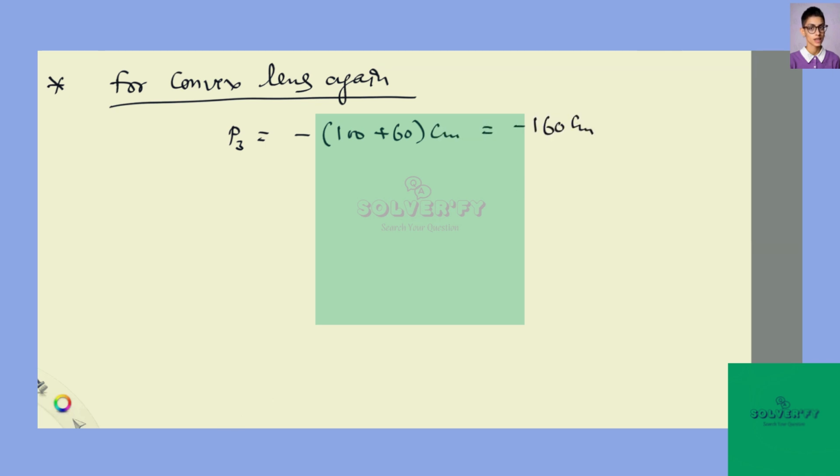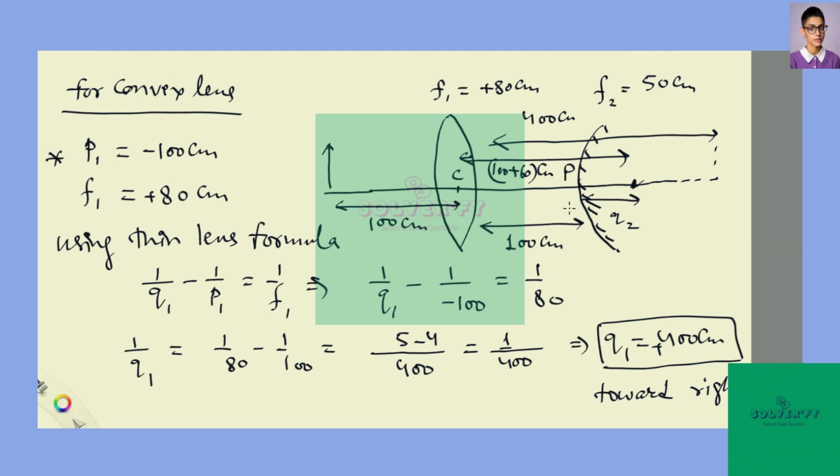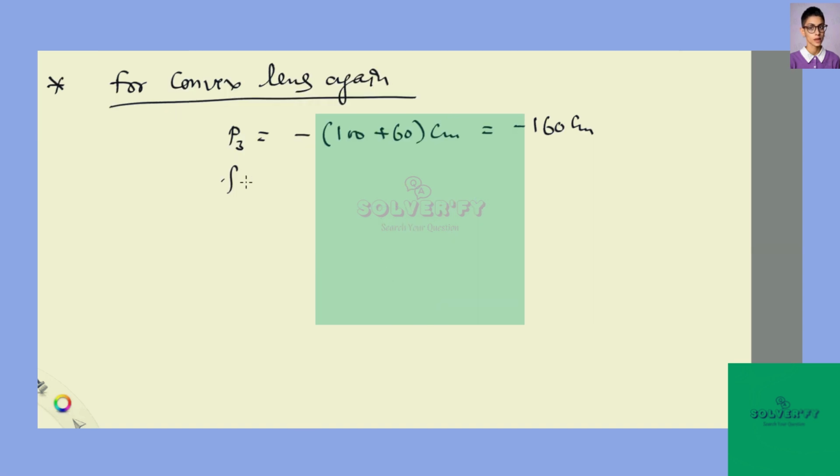The reason behind the negative sign is that the rays are moving towards the left-hand side, while the distance we are measuring is from the optical center of the lens towards the right-hand side. That's why the distance is taken as negative. And the focal length is again f1, which is nothing but 80 centimeter.